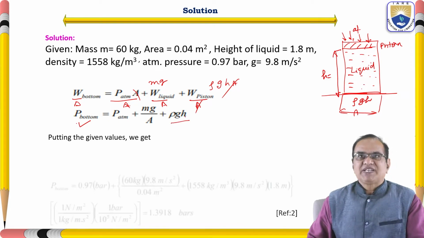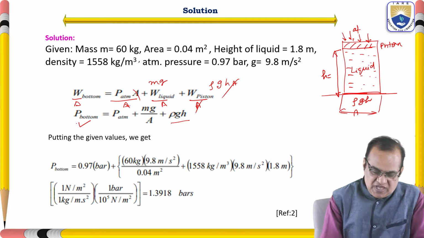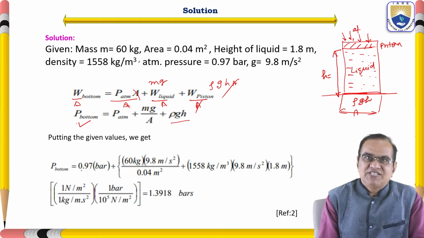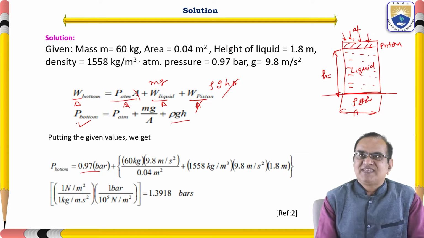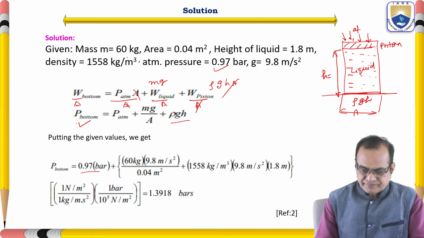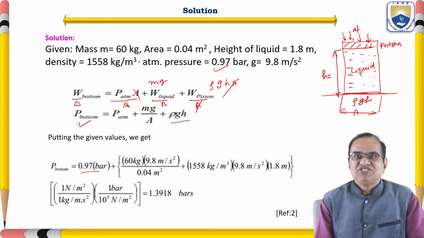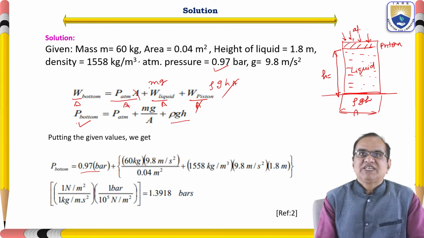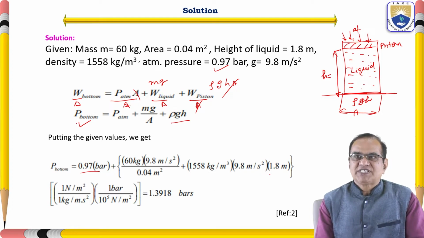So if we put all these parameters here, the atmospheric pressure is given as 0.97 bar. Then we have the 60 kg mass into acceleration G, 60 into 9.8, divided by the area 0.04 meter square, plus rho given as 1558 kg per meter cube, G is 9.8 meter per second square, and height is 1.8 meter.